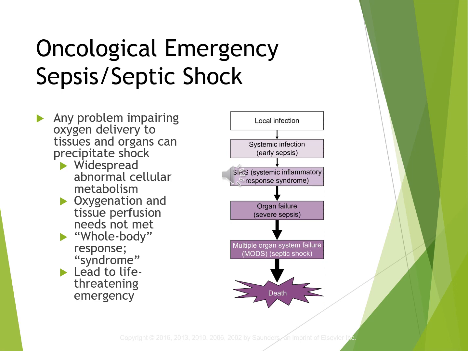You have widespread abnormal cellular metabolism, and eventually the tissues do not get enough oxygen. Those needs are not being met. They have this inflammatory response. Eventually the organs start to fail with severe sepsis, and they go into multi-system or multi-organ system failure, or MODS, and that is septic shock. And unfortunately, this can lead to death.